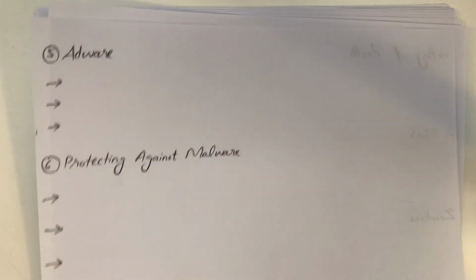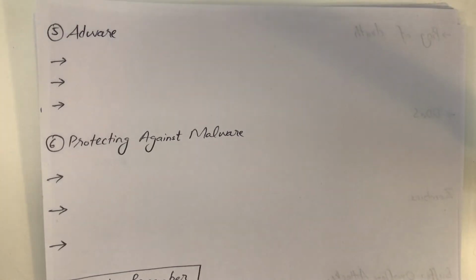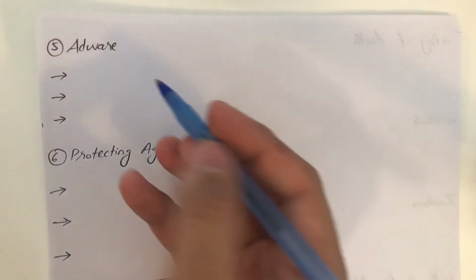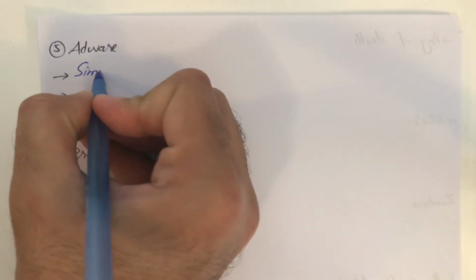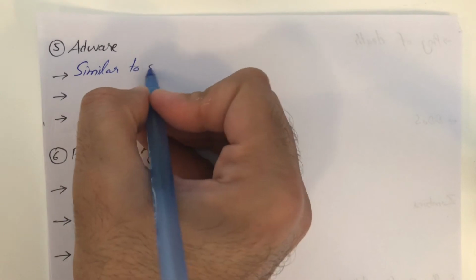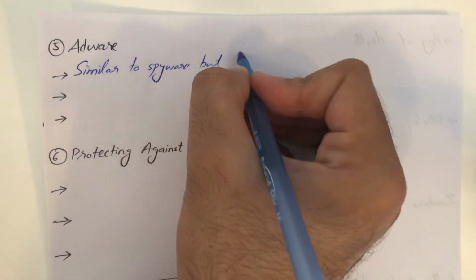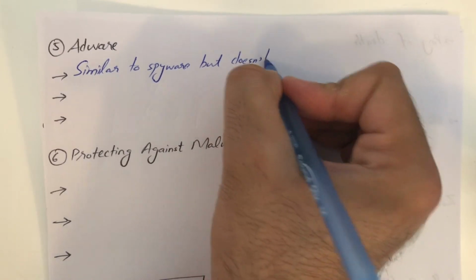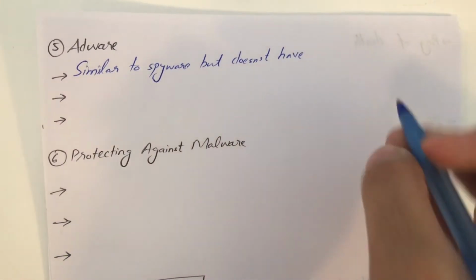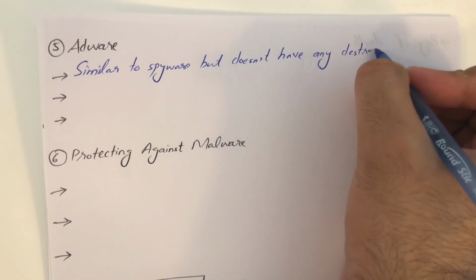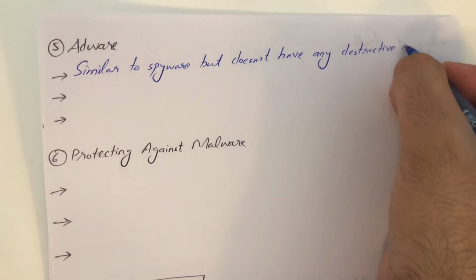Next is the advertisement software, adware. Adware is very similar to spyware, but it doesn't have any kind of destructive intentions. As the name suggests, advertisement software is similar to spyware but does not have any destructive intentions.